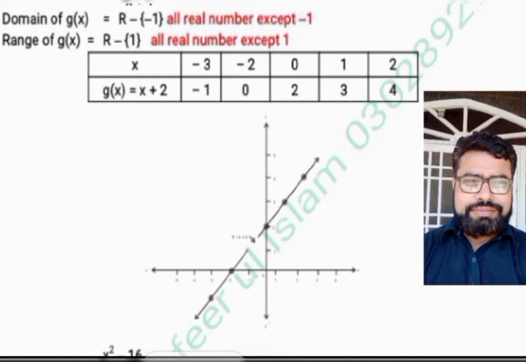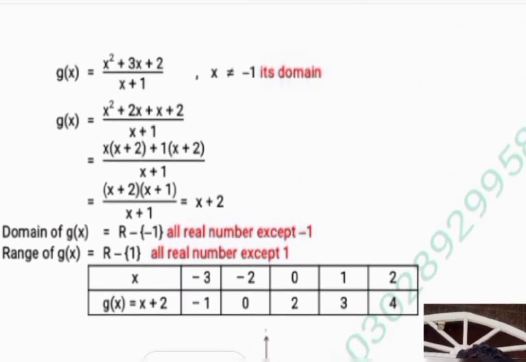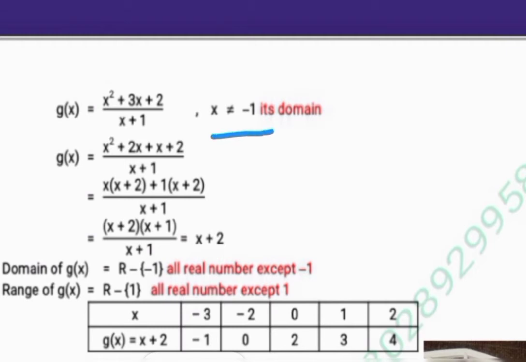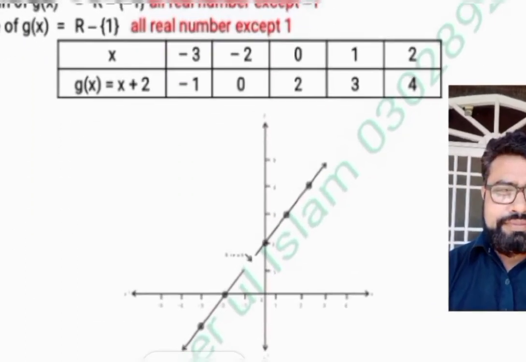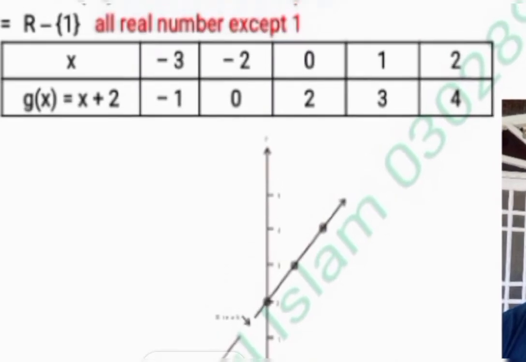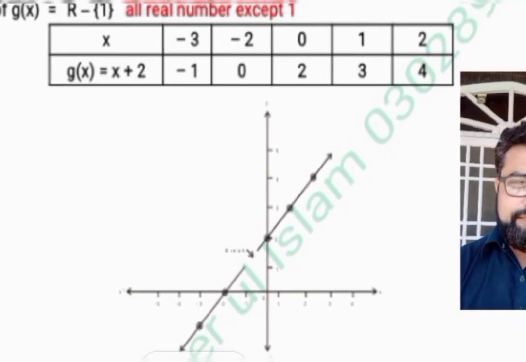Now we have to join these, as it is given that at x is equal to -1 there is no domain, so we will not make a graph at x is equal to -1. As the domain is not x equal to -1, we will not plot the graph at x equal to -1.